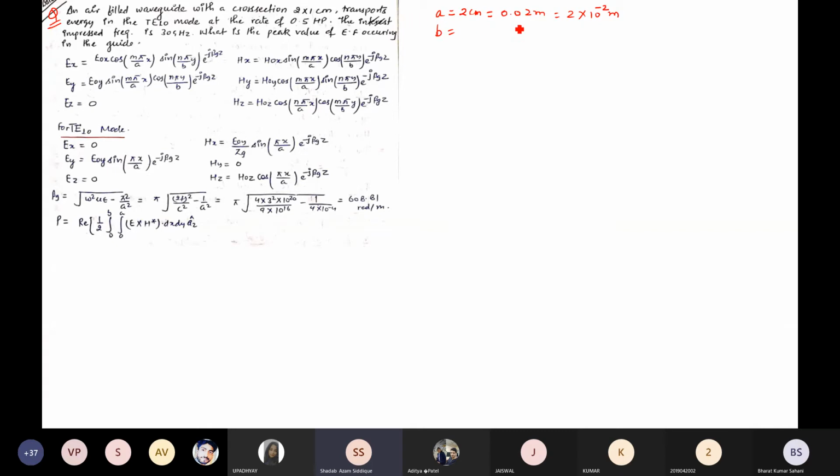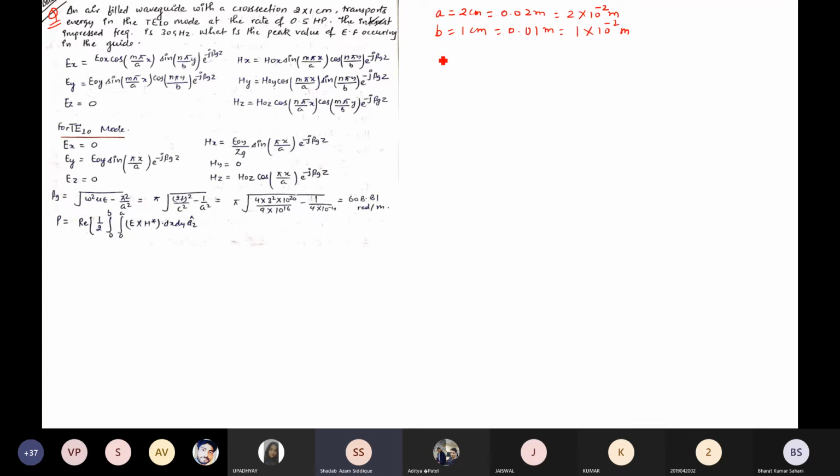First of all, you should write everything in terms of meters, because if you don't, your answer will be wrong. Sometimes we are in a hurry and write directly, and that leads to a wrong answer. So b is 1 centimeter, which can be written as 0.01 meter, or 1 into 10 to the power minus 2 meter.